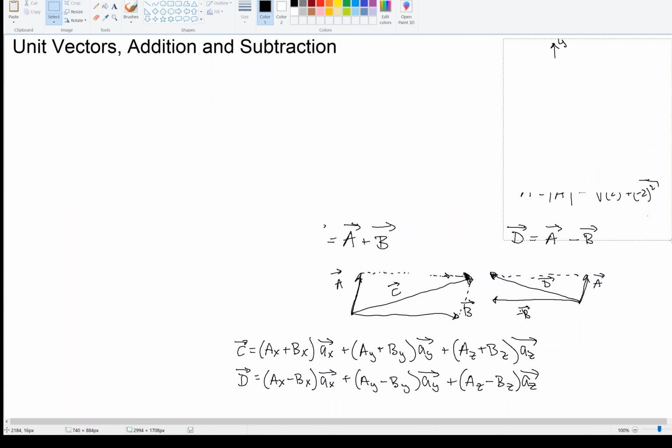So it turns out, based on this definition, that addition and subtraction, or addition anyway, of vectors enjoys the usual properties, right? So we can talk about the commutative property.